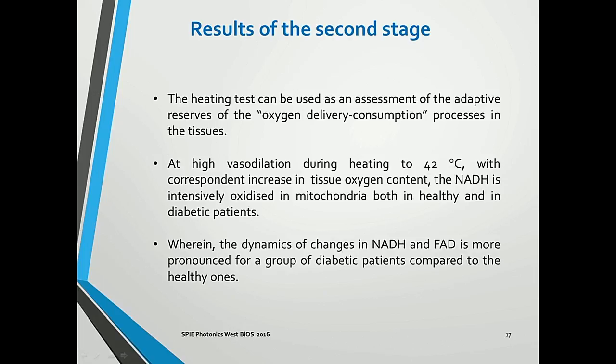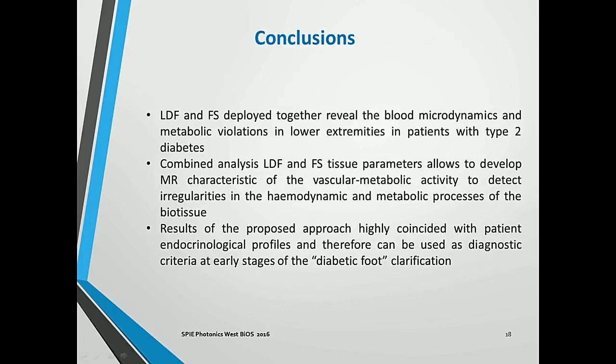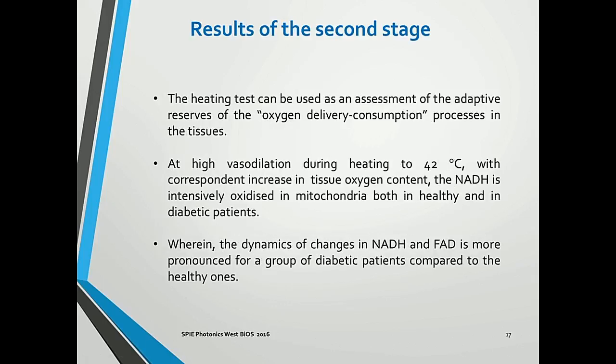But when we normalize and use the integral parameter, we could separate them, using the dynamics of changes in NADH and FAD, which is more pronounced for the group of diabetic patients compared to the healthy one. So it is nearly a diagnostic criterion we developed.